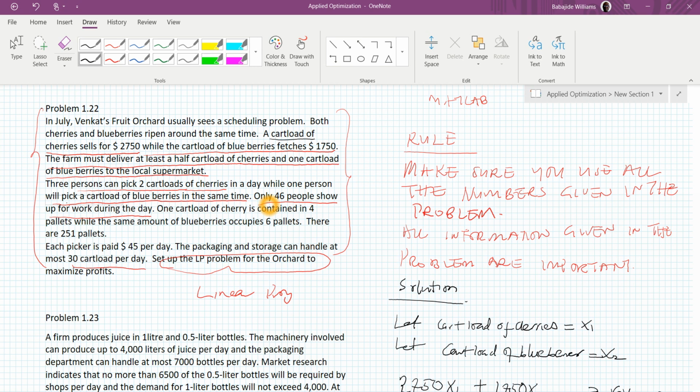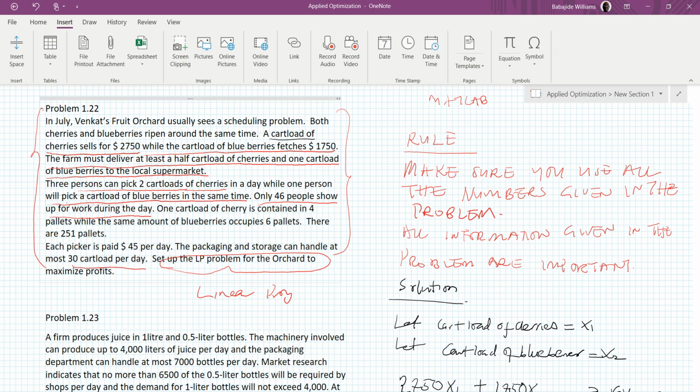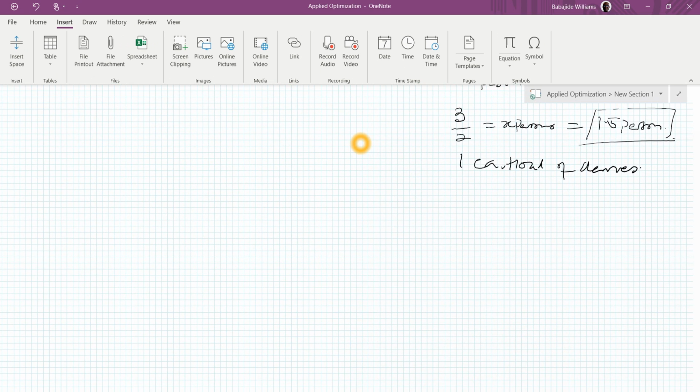So that means that if 1.5 persons pick x1 in a day, plus one person picking x2 cartloads of blueberries in a day, then they must not go beyond 46 persons.